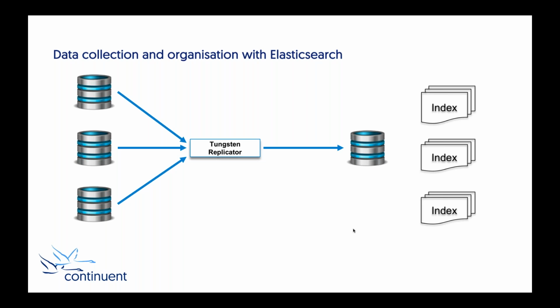Both models are totally valid from the perspective of how the replicator is going to work, and also from the perspective of how Elastic is going to take that information before it writes it out and stores it on the other side. Obviously, there are additional steps required if you were going to deploy Elastic into your environment, and that's a very application-specific scenario.